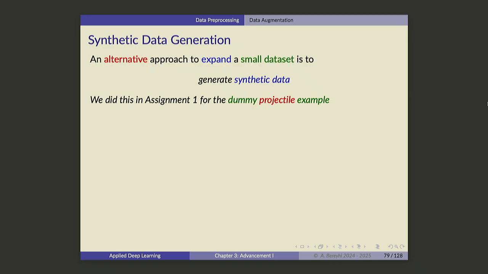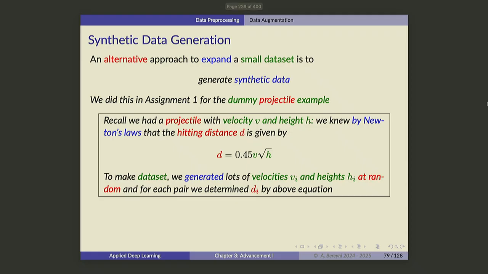And you already have done synthetic data generation in assignment 1. Do you remember what you did? So you remember this example, right? That we wanted to just train the neural network for the dummy physics example, right? And there, when you wanted to make the data set, you just sampled H and V randomly. Yeah?